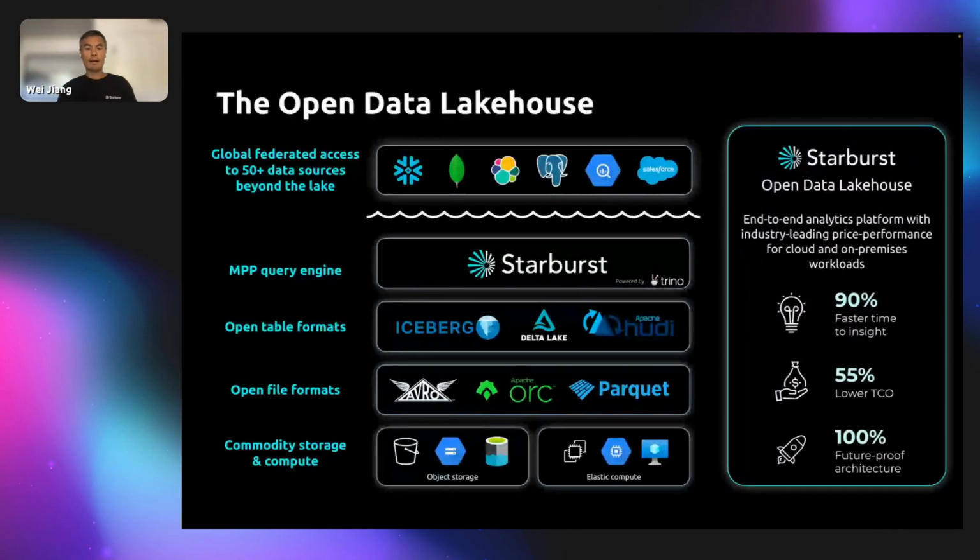So a look at the new open data lakehouse, as we call it at Starburst, and what the architecture looks like. You have your open file formats, the common file formats that give you great query performance on these data lake formats.